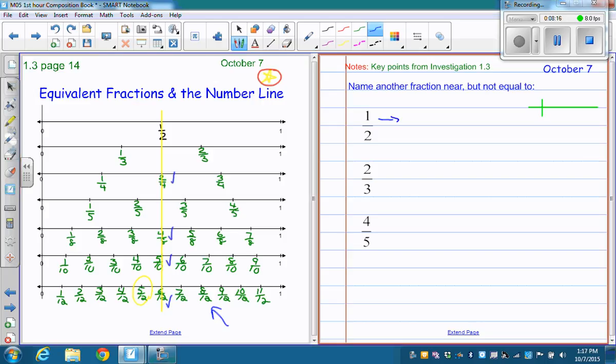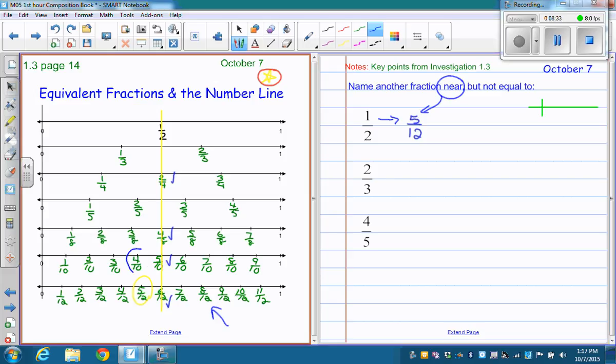So near to 1/2, but not equivalent to, could be 5/12. If we look a little farther up on the number line, we'd say 4/10 is also pretty close to 1/2, but not exactly 1/2.